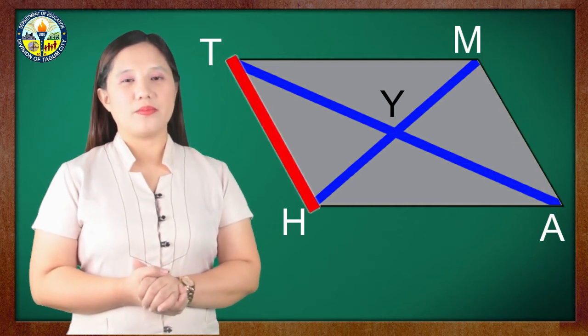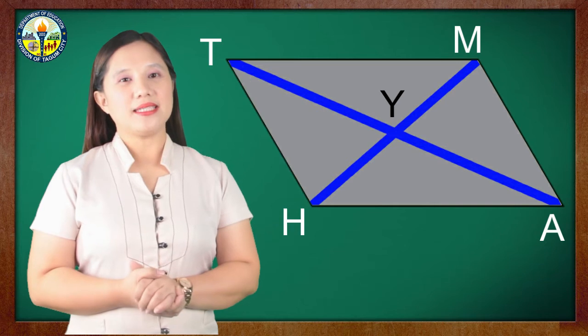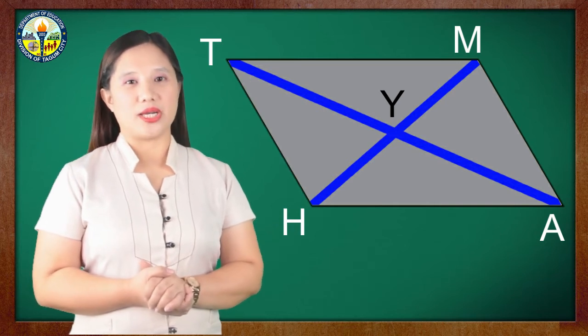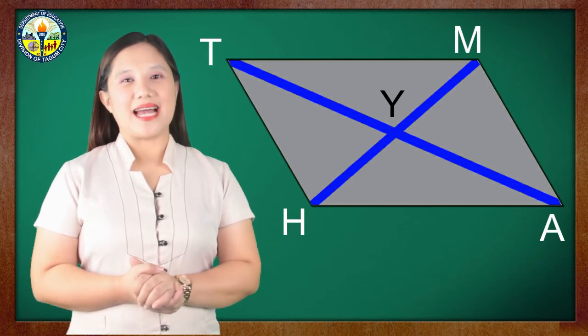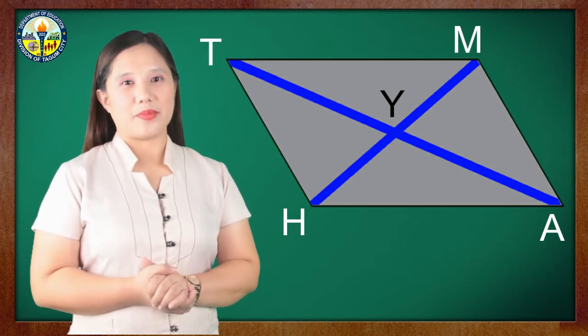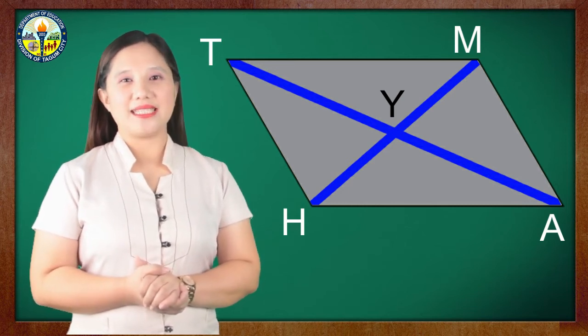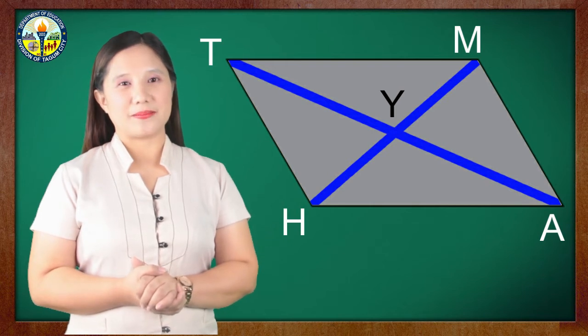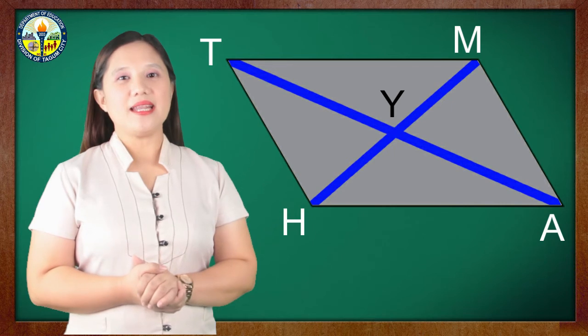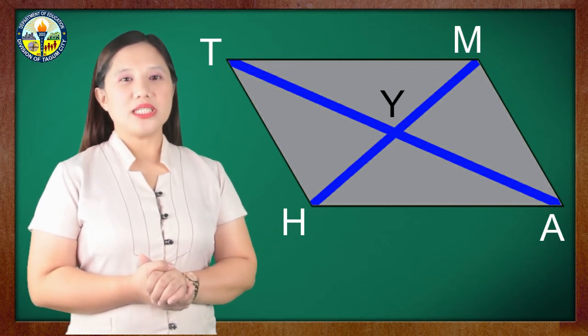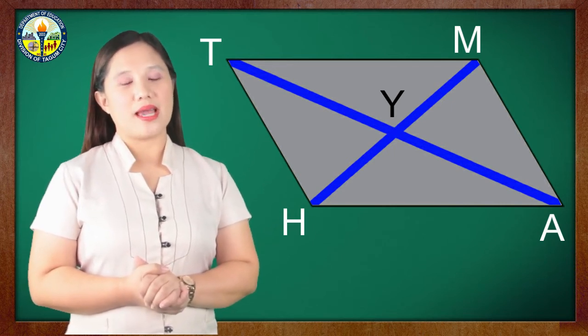Let us solve. Can you find line segment MA in the illustration? Correct! It is the side of the parallelogram. How about line segment TH? Okay, it is a side of the parallelogram which is opposite to line segment MA.